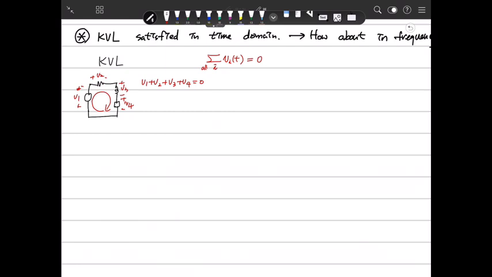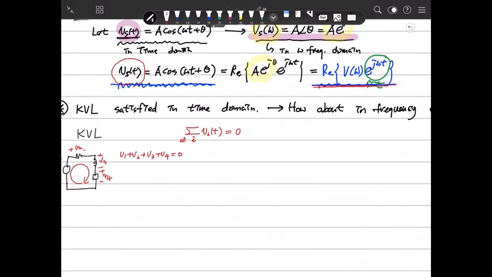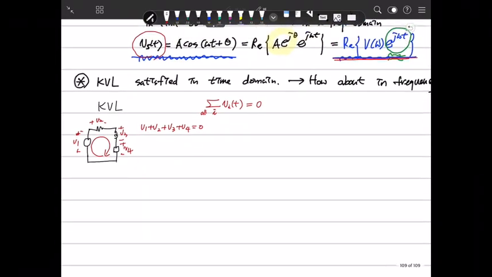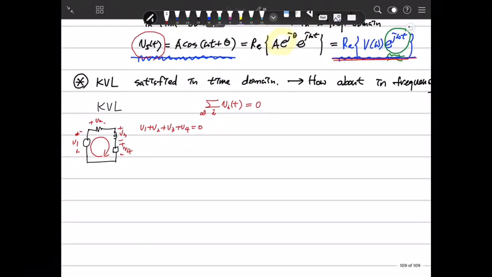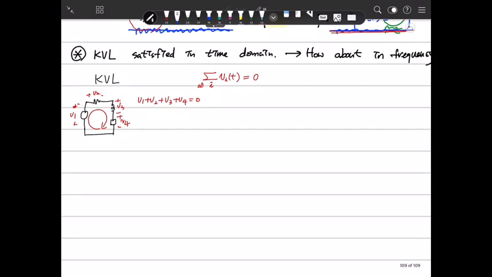I want to check whether this can be applied in the phasor domain. Using this formula, vi(t) can be expressed in phasor form.